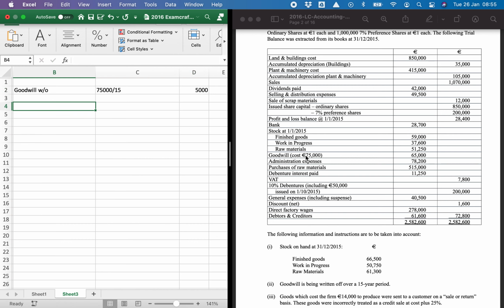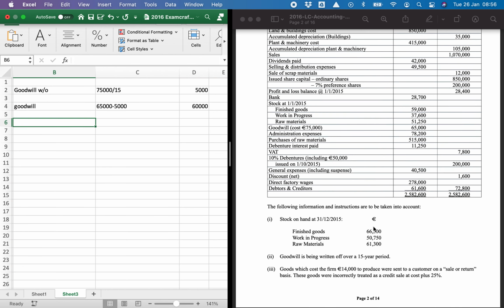So therefore, goodwill itself will be its value, which in this case is 65,000, and we take away that 5,000. So use the goodwill at cost, 75,000, to work out the depreciation, and then take your answer away from that. 65,000. That's all we do with that.